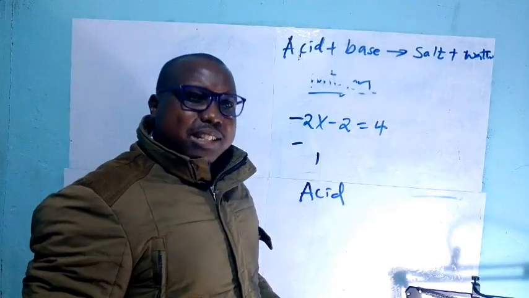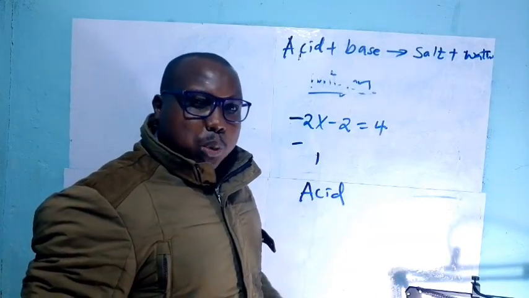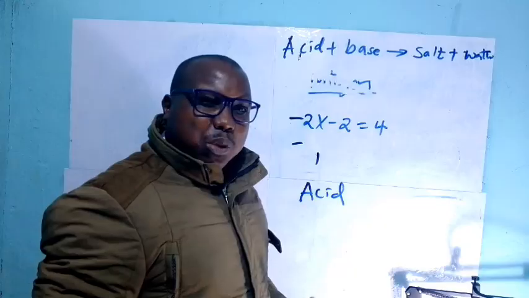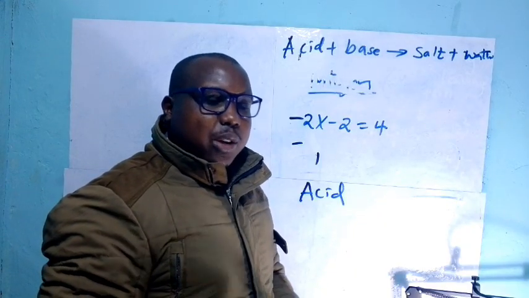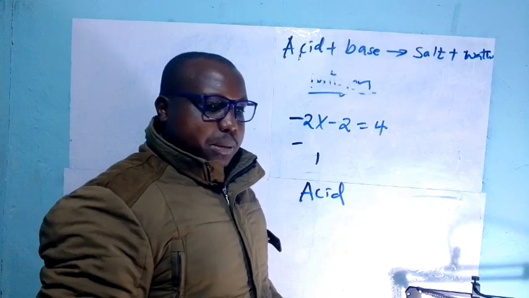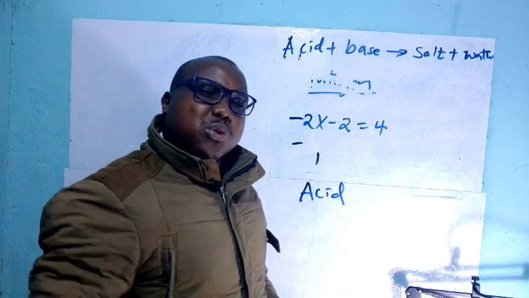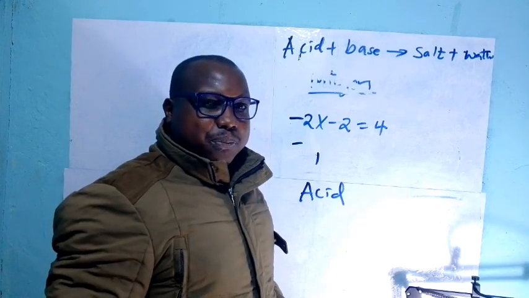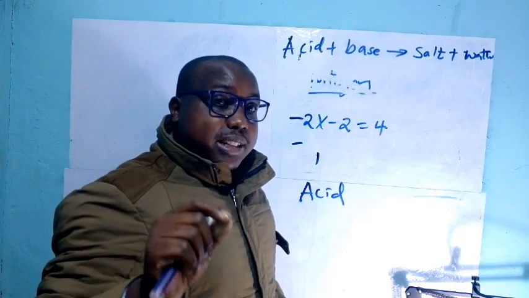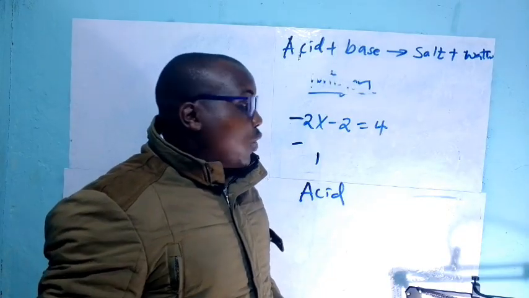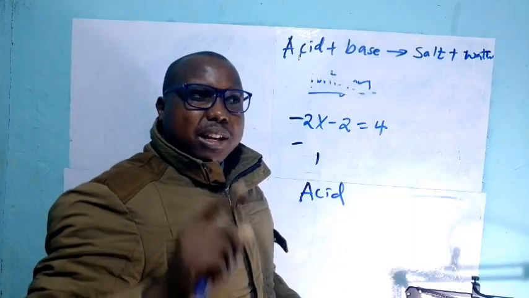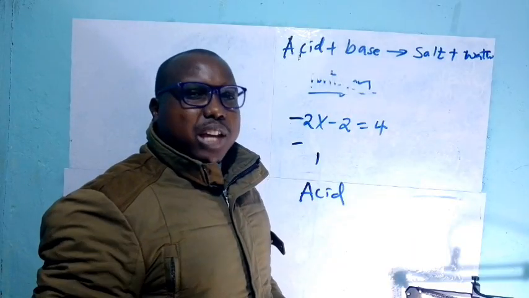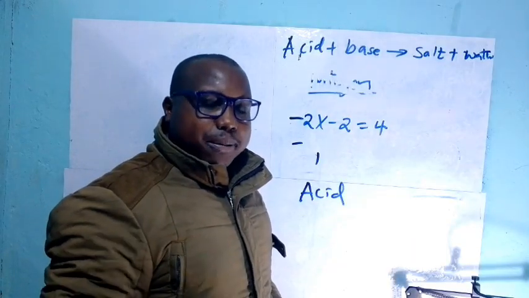When you understand the structure of the atom, what the atom is, what it contains and how it behaves, that solves your problem in chemistry. So if you want to understand chemistry in Form 3 and Form 4, you need to make sure you understand the structure of the atom in Form 2, Topic 1.